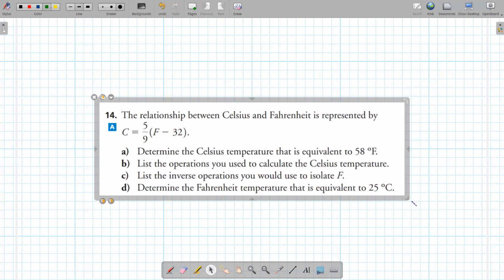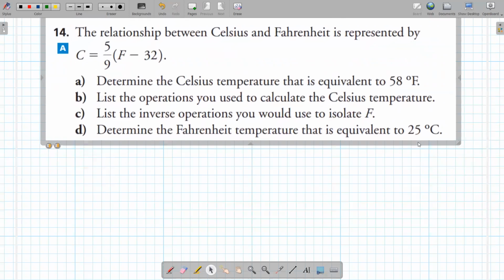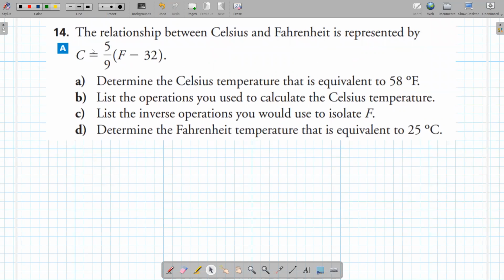What about this one? Celsius, Fahrenheit. What does this equation do? It's telling you the Celsius temperature when you're given the Fahrenheit temperature.